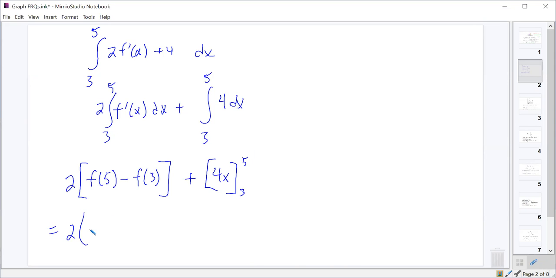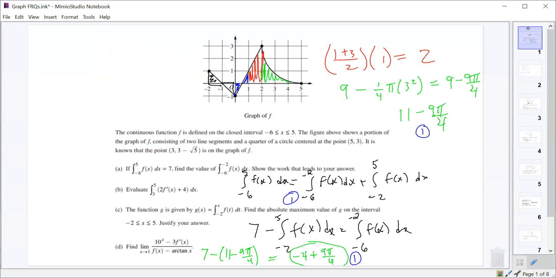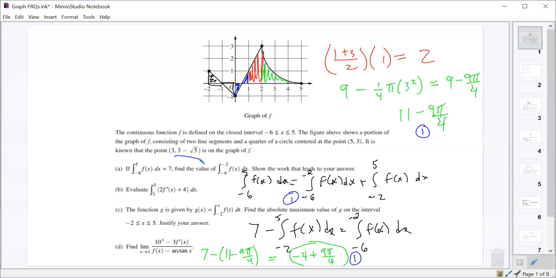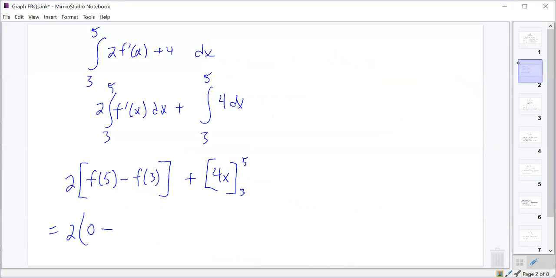So going back here, f of 5 appears to be 0. And then f of 3 is 3 minus root 5. That's given to us. Where's the 3 minus root 5, right? And then plus, and then we got 20 minus 12.